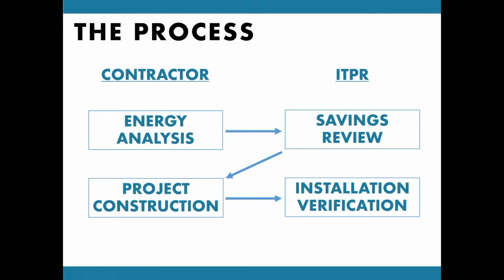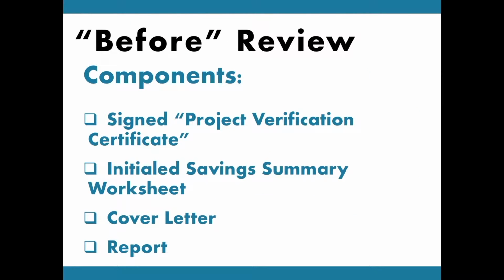If we go back to our process flow diagram, at this point in the process, the energy analysis has been complete, and now the ITPR, or the independent reviewer, is going to review that analysis. This is the so-called before review. This is the analysis prior to project construction, and it really has 4 components.